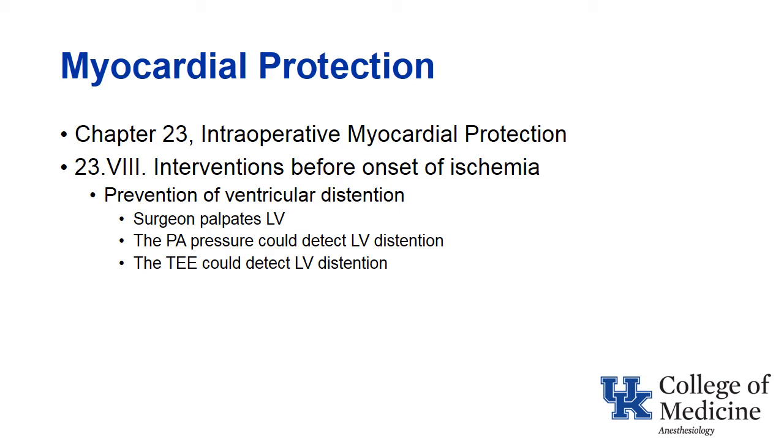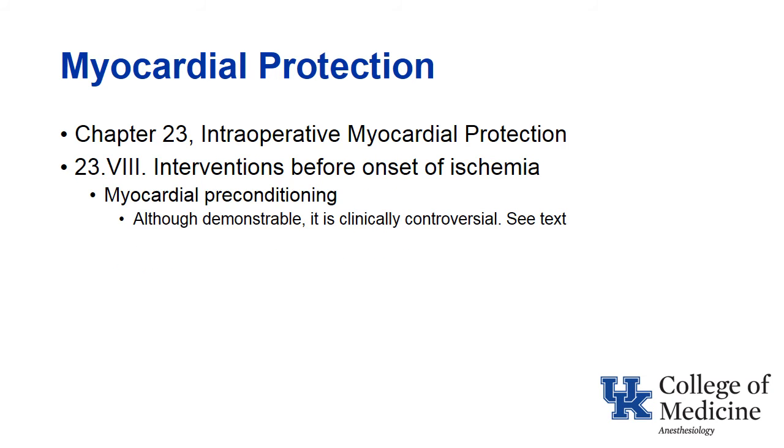We can help by making sure that the PA pressure is displayed and monitored and considered as a potential indicator of left atrial pressure and left ventricular end diastolic pressure. As well, the TEE can sometimes detect left ventricular distension, and this information can be communicated to the surgeon.